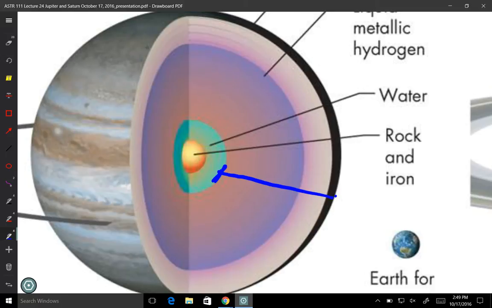You get down here and you finally get to where water would be. Why would water be down there near the core? Because it's more dense. Differentiation occurs really easily if you have a fluid, and water being more dense, it goes down. And so the water layer is there around the rock, and then you have that rock, which looks like a small rock when you look at the size of Jupiter.